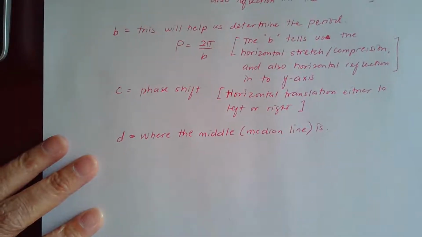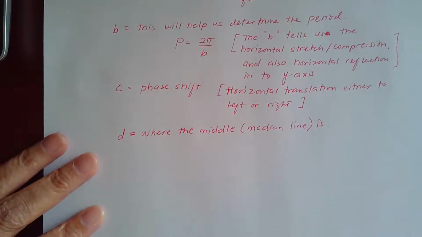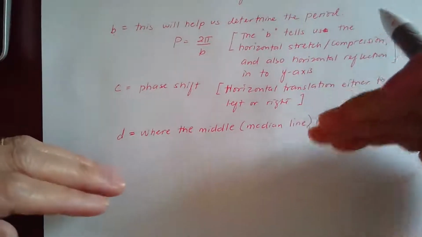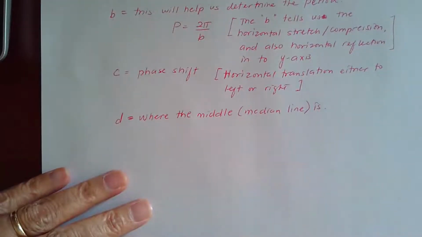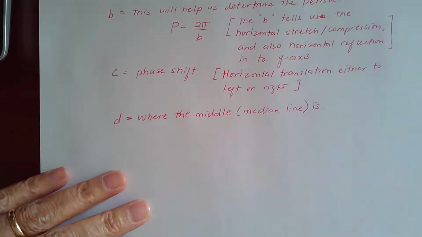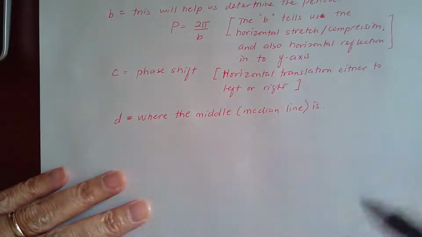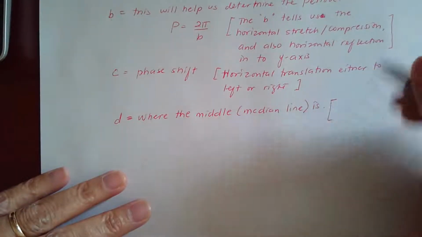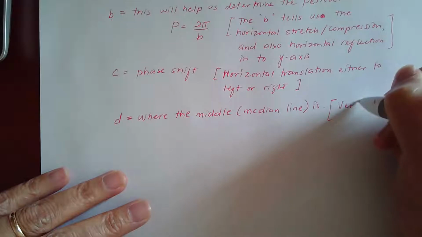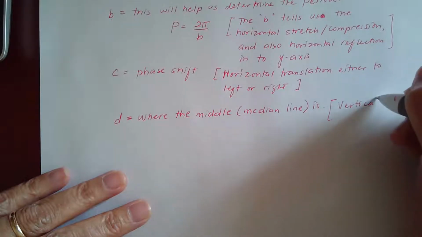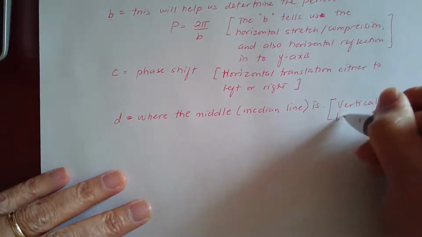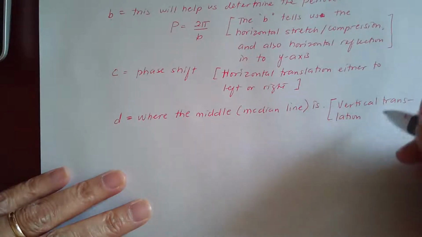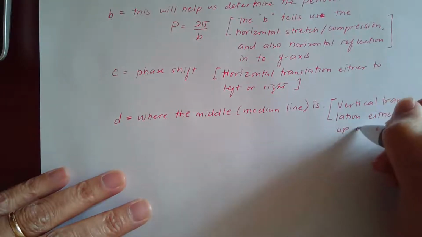We will figure out where the middle line is in the sinusoidal function, because the graph fluctuates up and down around it. So in terms of the D, when we looked at the transformation, the D is a vertical translation, either up or down.